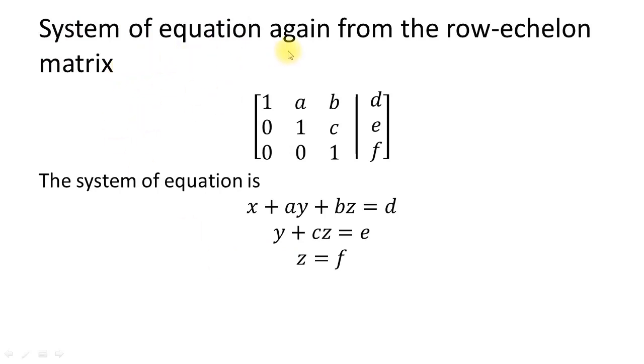Then write the system of equations again from the row echelon form. So at the end, when we obtain a row echelon form, we write this matrix again in equation form. We obtain three equations in which we get the value of z from the last equation by using back substitution. So using back substitution, obtain the value of z, then put the value of z for y, and then put the values of y and z for the value of x.